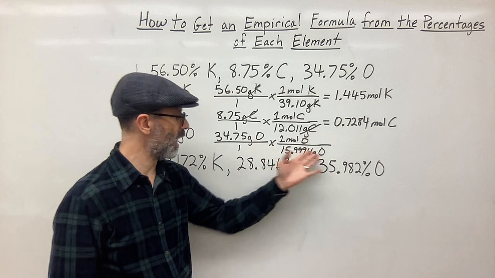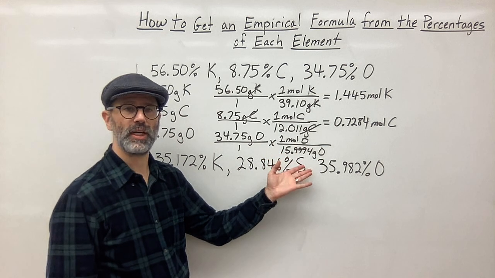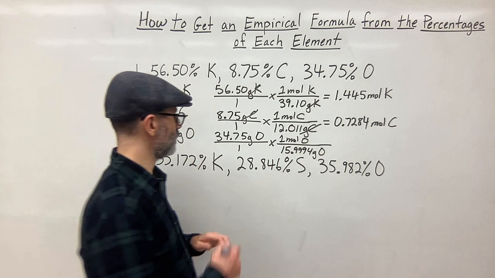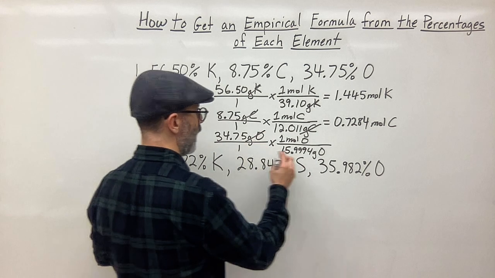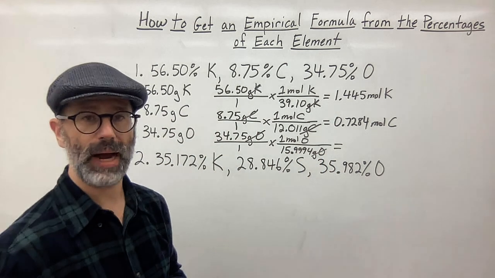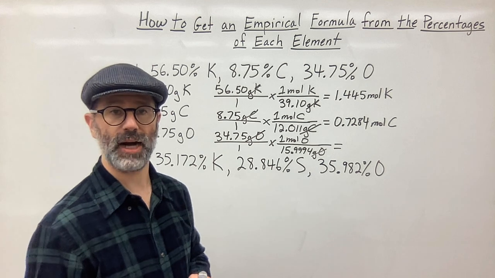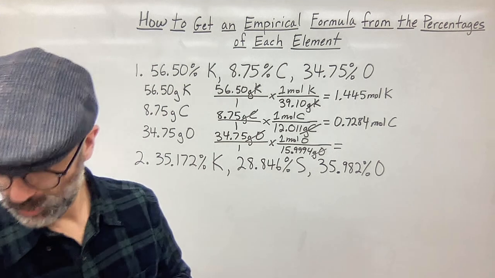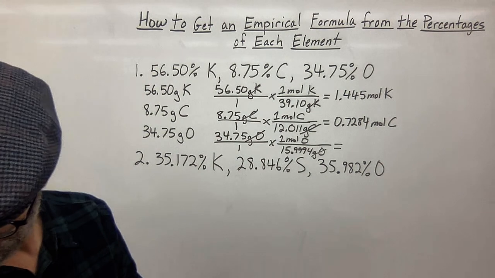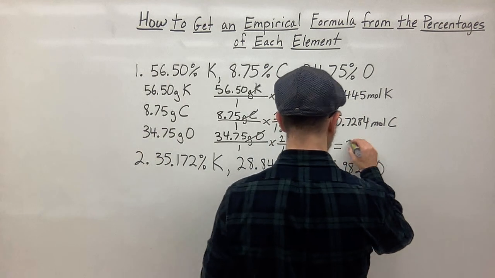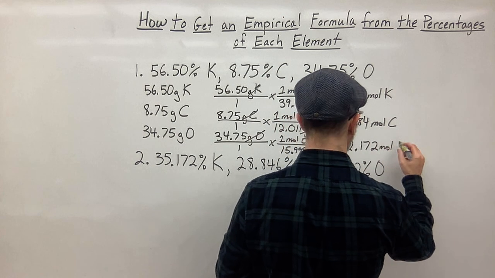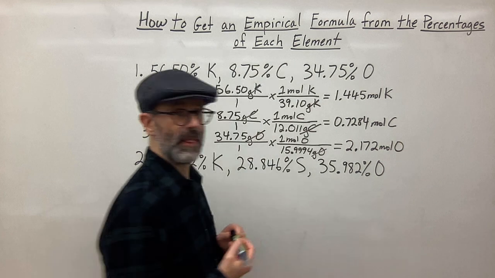We're just using the atomic oxygen, because we are looking at the mass of the atoms, not the molecules of oxygen in our substance. So grams of oxygen cancel out, and we're left in moles. We calculate the moles of oxygen and we get 2.172 moles of oxygen. Okay, so that's step 2.